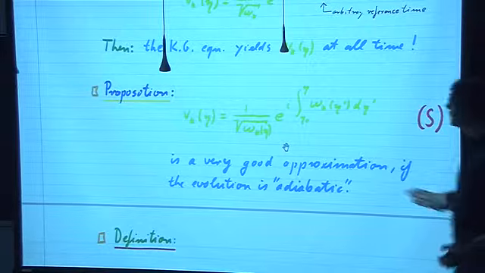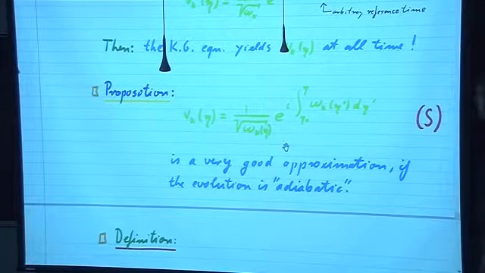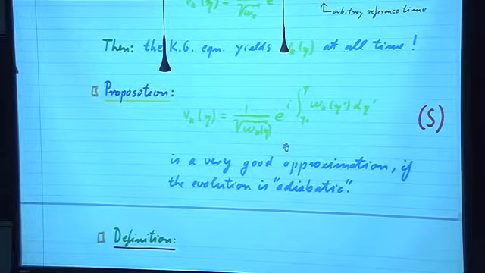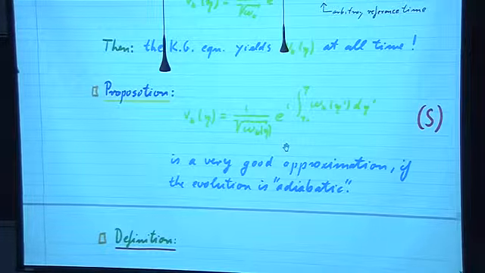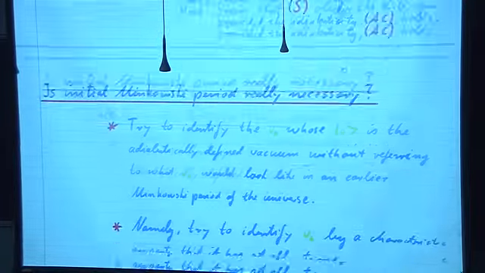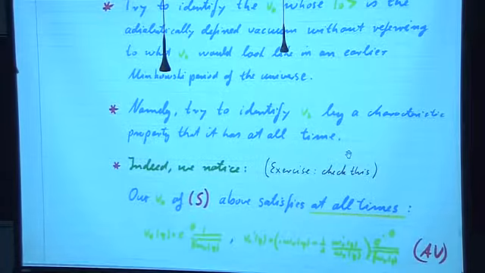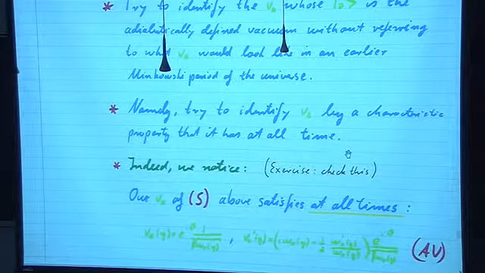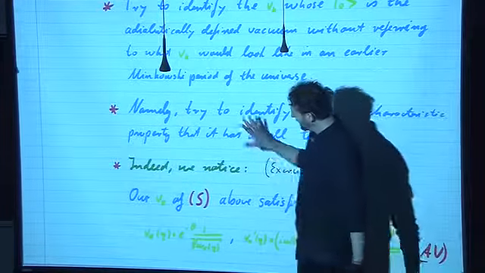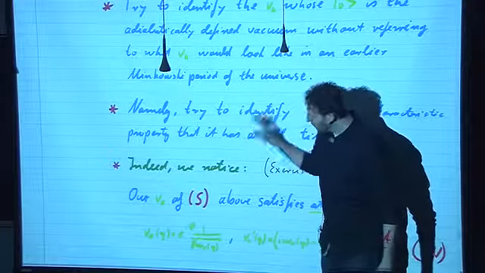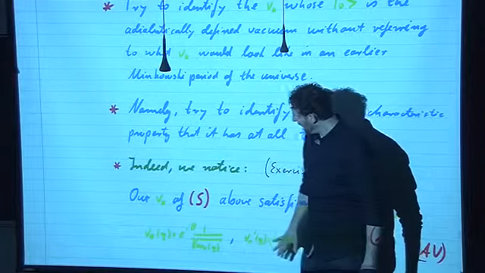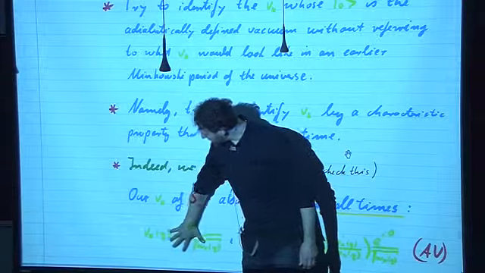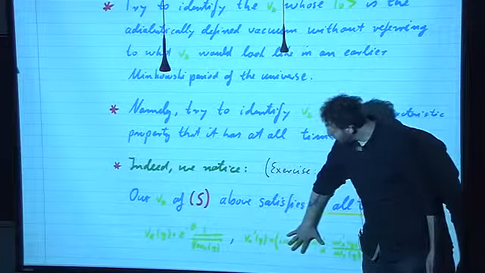If you differentiate this mode function with respect to eta, then you get all those terms. Again, I'll leave it to you to verify it. Easy calculation. But the point is that the adiabatic mode function has this form for its amplitude and that form for its derivative.